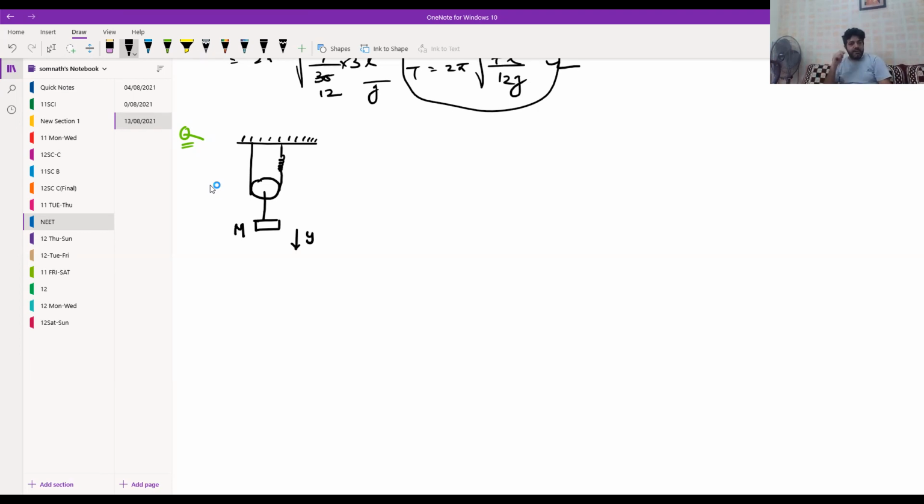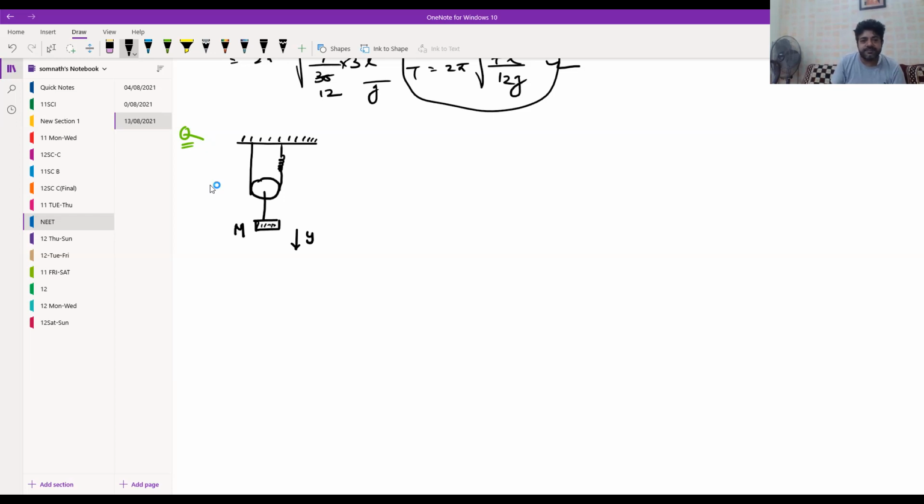Find the SHM of the spring. Or sorry, the question is: find the simple harmonic motion time period of oscillation of the block.